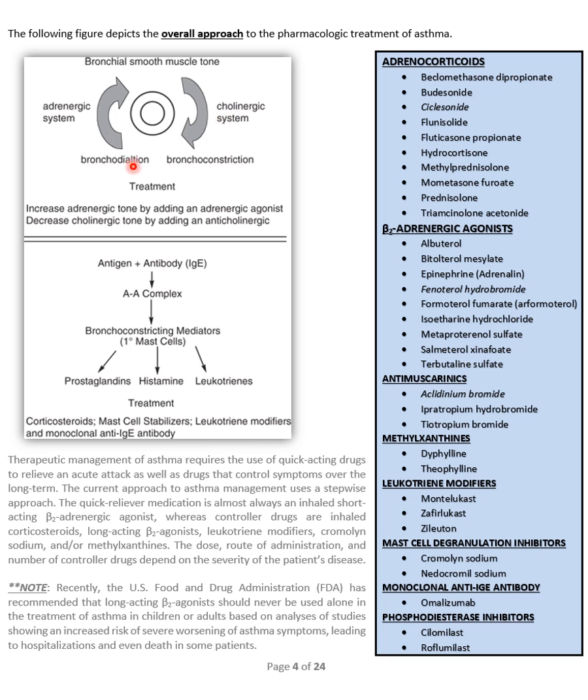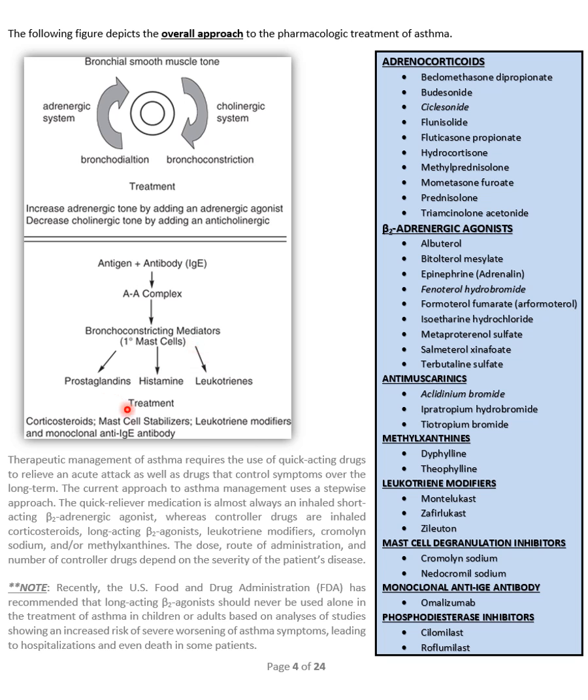This part here, the bottom part of the graph, shows that when an antigen interacts with an antibody, it forms a complex, and then it affects mast cells and leads to release of leukotrienes, histamine, and prostaglandins.